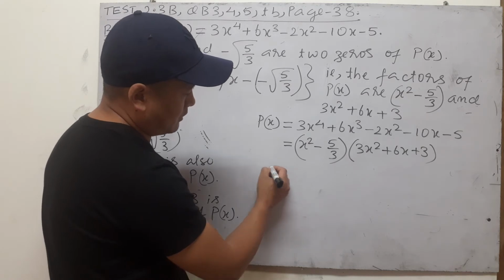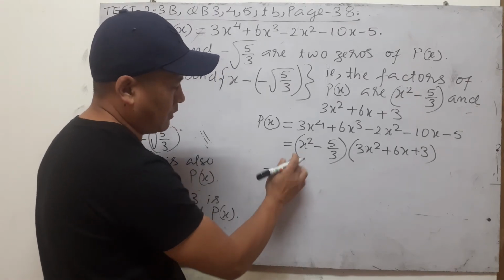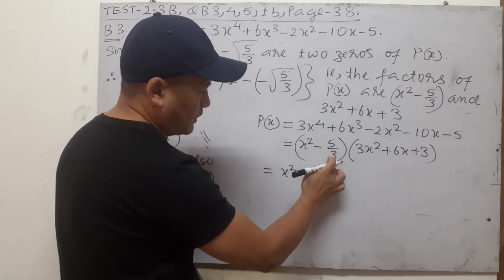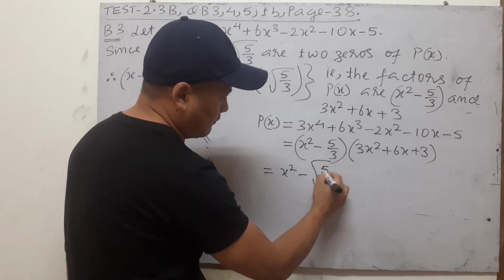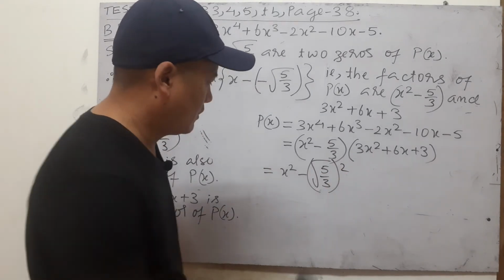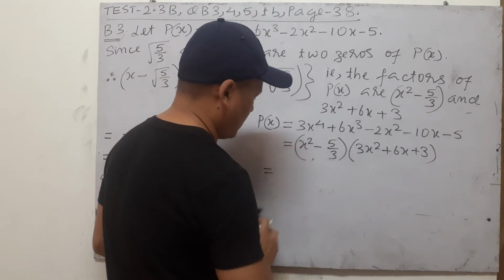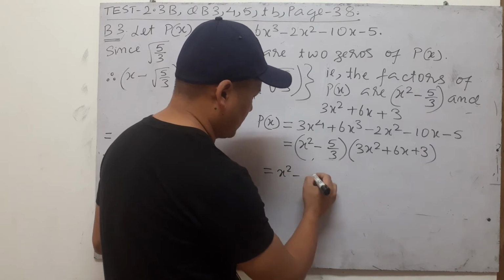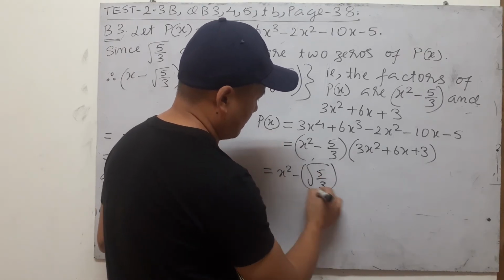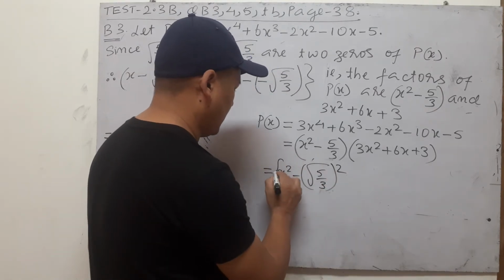So here we can write it as equal to, just look here and understand, 5 by 3 we can also write as root 5 by 3 whole thing squared. So x squared minus root 5 by 3 whole thing squared, and I put a bracket here.